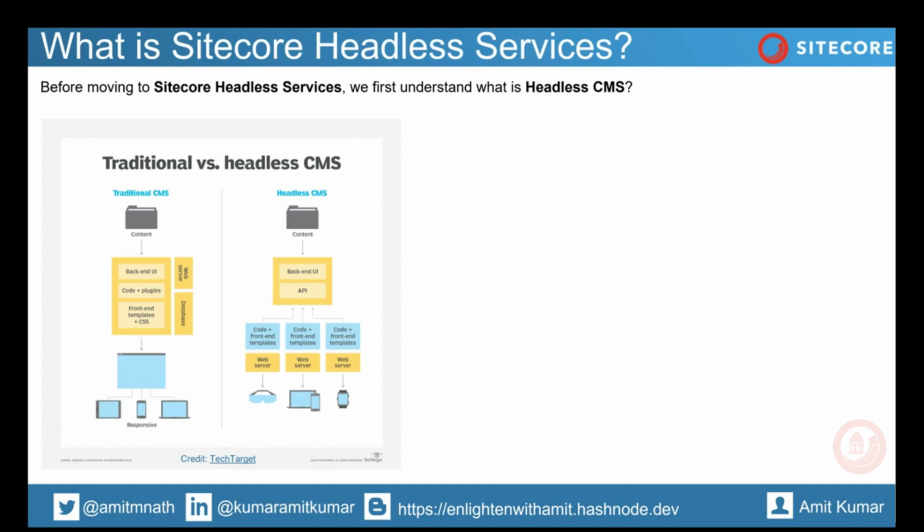When we talk about a headless CMS, like Sitecore headless or any other headless CMS product, in those cases the back end, UI and the API are decoupled, because the content author does the content authoring, and the content of the CMS is shared via an API endpoint. You will not be accessing it via Sitecore assemblies or within the server.